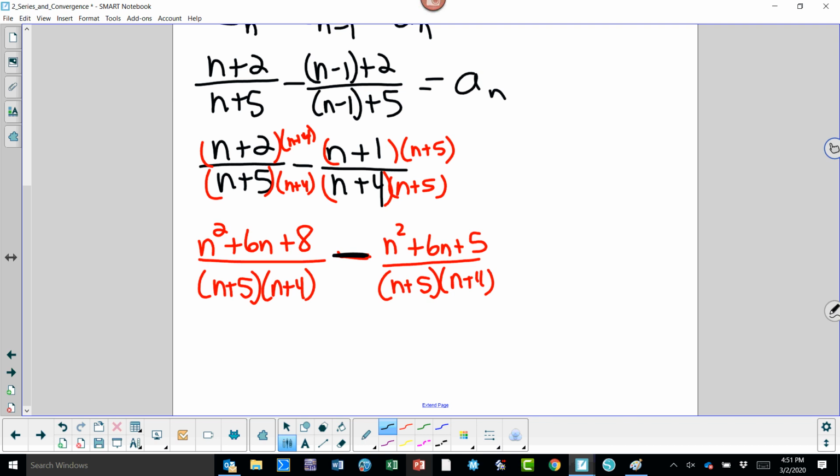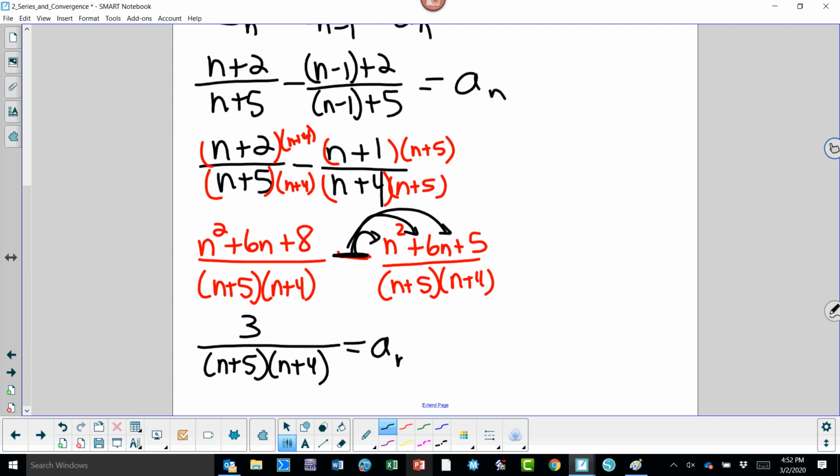Be careful when you subtract. Everybody gets subtracted. All of that will be over n plus 5 times n plus 4. So in the top, I'll have n squared minus n squared, that goes away. 6n minus 6n, that goes away. 8 minus 5 is 3. So this is going to equal my a sub n term.